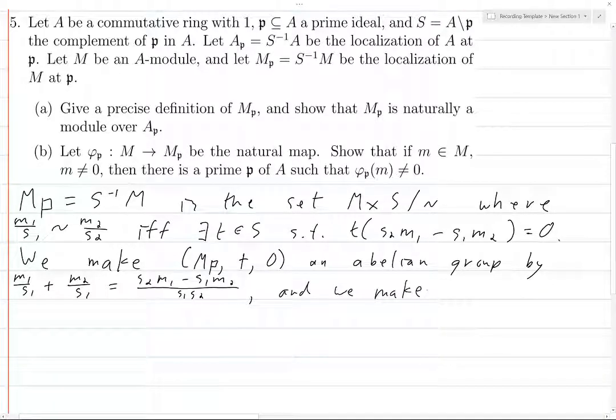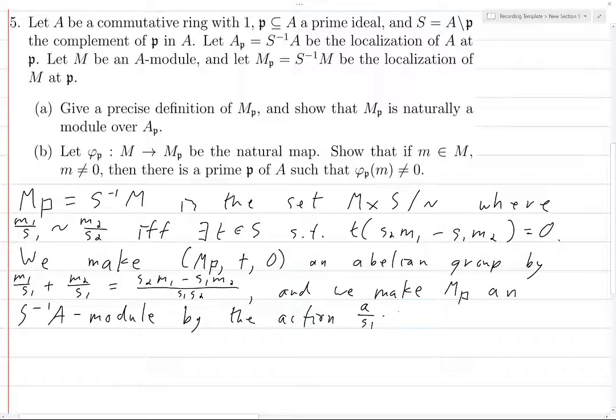And we also make M_P an S inverse A module by the action. So if we let an element of S inverse A act on an element of M_P, then this is just the action of A on M divided by S1, S2.